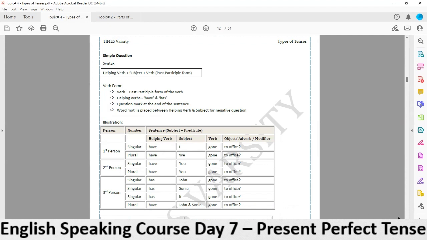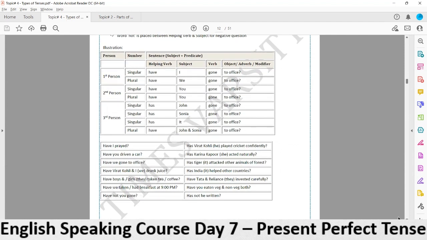Similarly, in this example: have I prayed? Have you driven a car? Have we gone to office? Have Virat and I drunk juice? Have boys and girls taken tea or coffee? Have we taken or had breakfast at 9 a.m.? Right, so in this way.